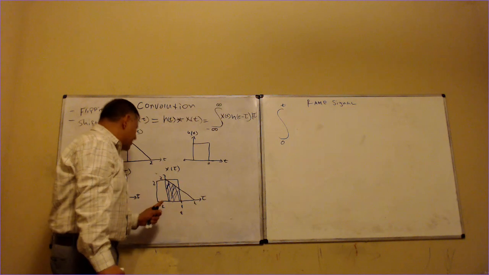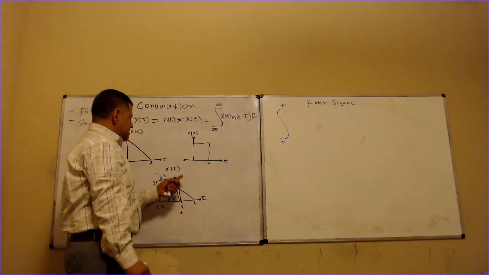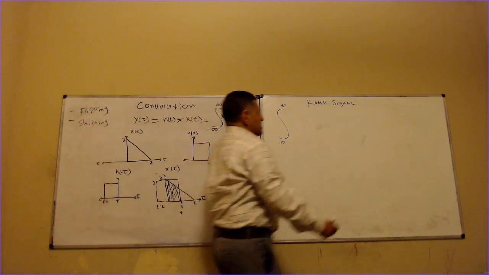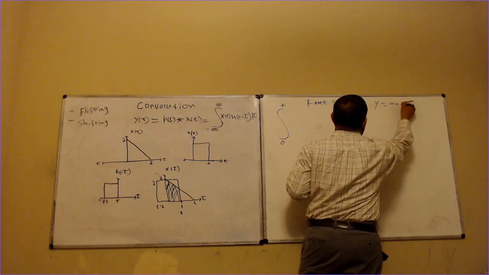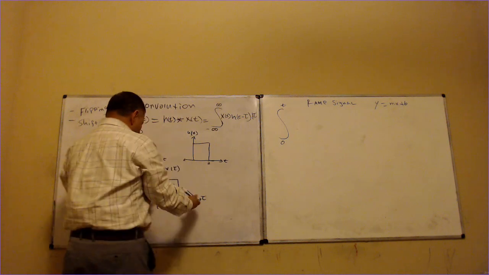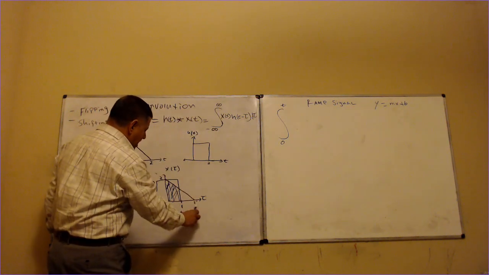What I can do right now is make the assumption that this one is similar to y equal mx plus b, so which is a ramp. It's like a slope. So when I do that, I see that this is tau. This is a tau axis.